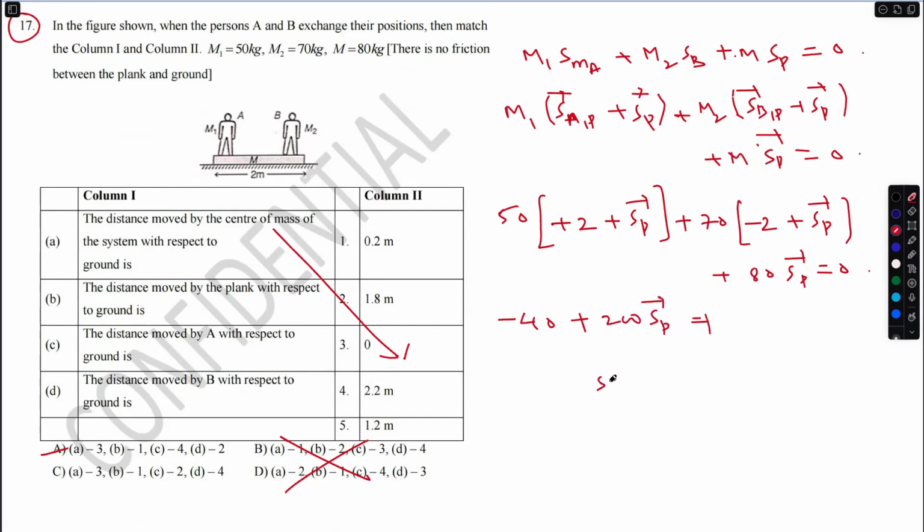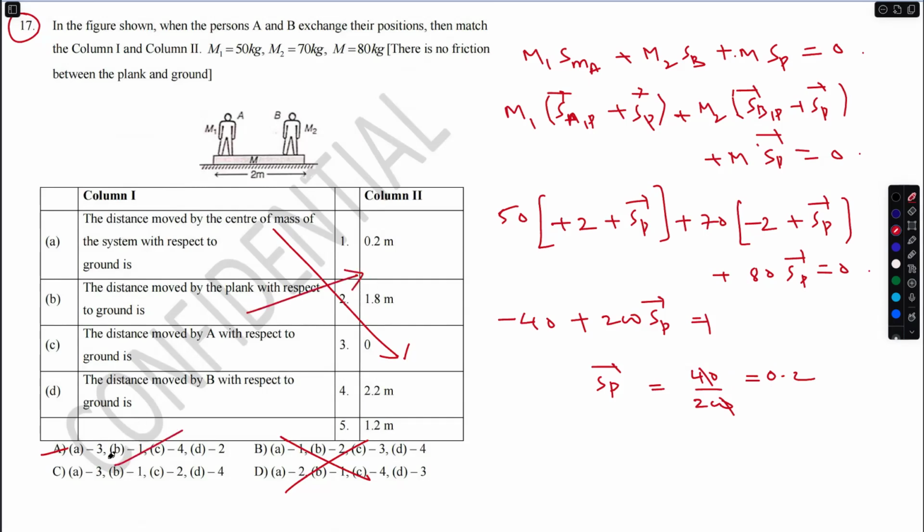So therefore displacement of the plank is 40 by 200, 4 by 20, 0.2.